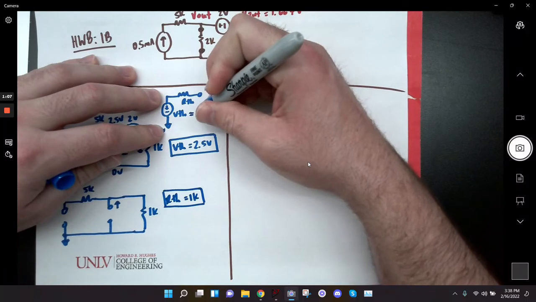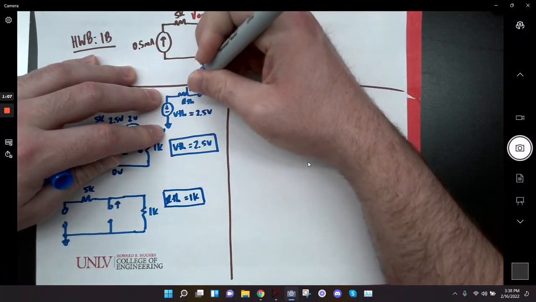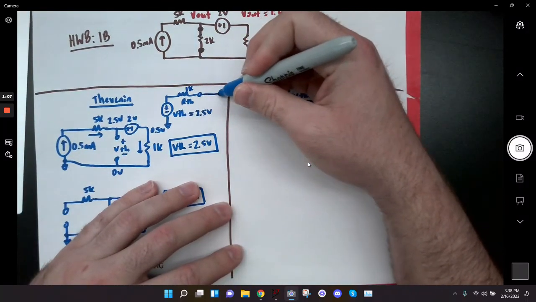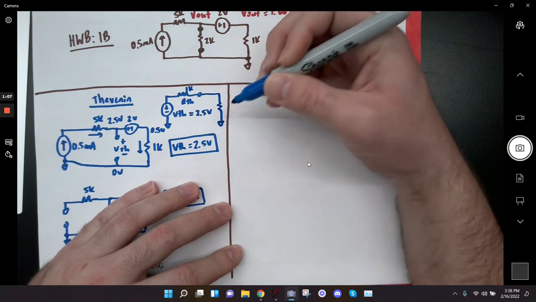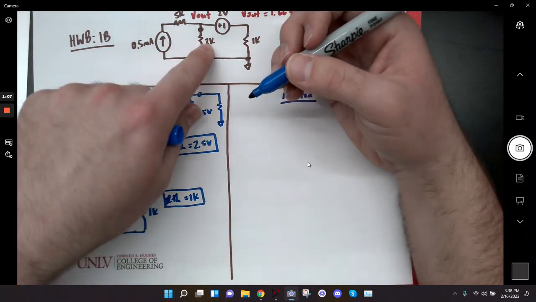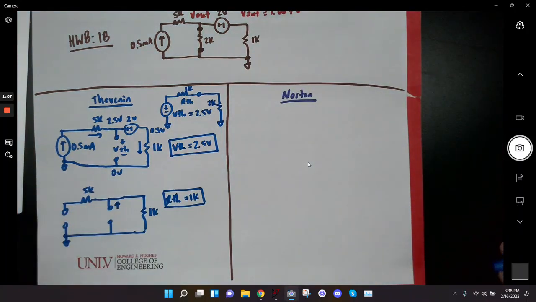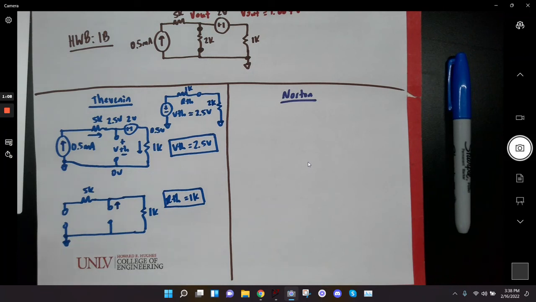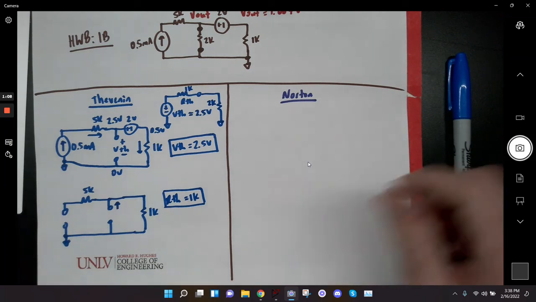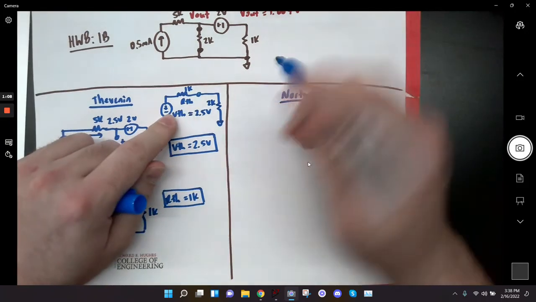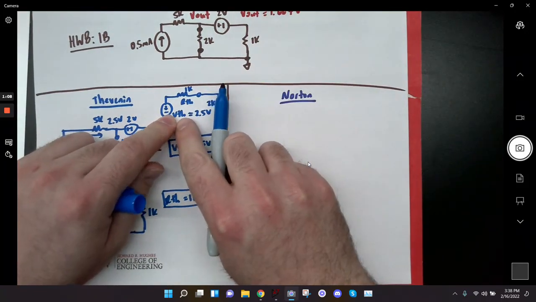So that's going to be my Thevenin equivalent, right? This is going to be 2.5 volts. This is going to be 1K. And then what I would connect out here is my load, that is, what was it, 2K? So I put 2K here, right? Let me just make sure that that's right. If I take this voltage divider, I have a 2.5 volt source, and then a 2K and a 1K.